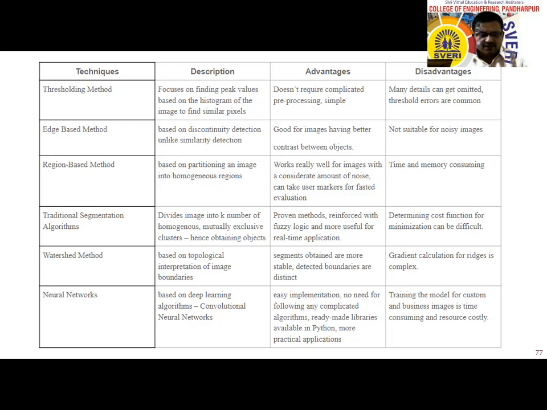Then the neural network, based on deep learning algorithms, convolutional neural networks. Advantages, easy implementation, no need for looking at any complicated algorithms, ready-made libraries available in Python, more practical applications. Disadvantages, training the model for custom and business images is time consuming and resource costly.